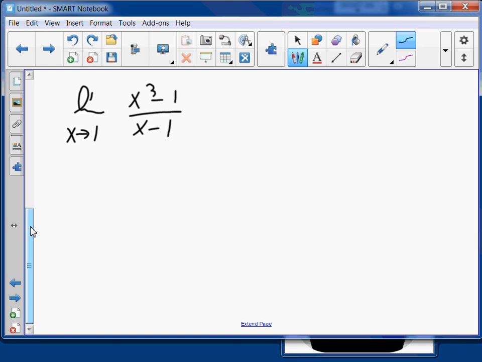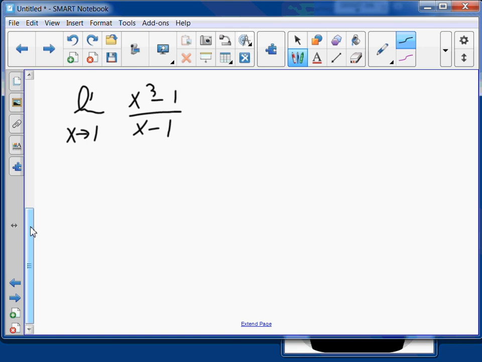Now, can we do a direct substitution here? No, we get division by 0, right? Now, we don't have a calculator. So don't pick up the calculator, not in this section. You have to do your homework without a calculator today. So, how are we going to find this limit?